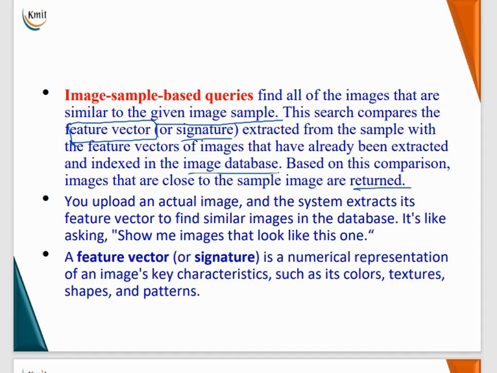So here, what is a signature? Signature or feature vector is a numerical representation of the image characteristics like color, texture. For example, you can upload an actual image and the system extracts its feature vectors like color, texture to find similar images in the database. It's like asking, show me the image that looks like this one.